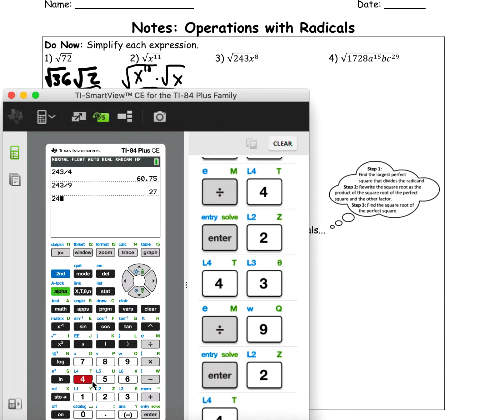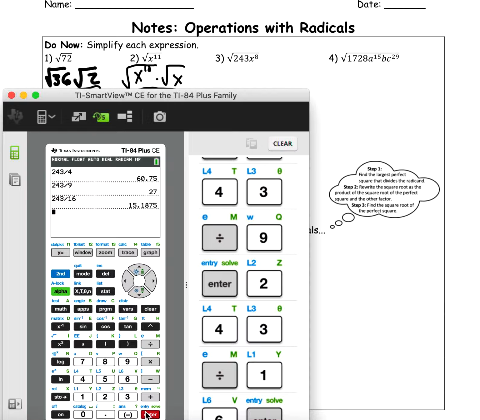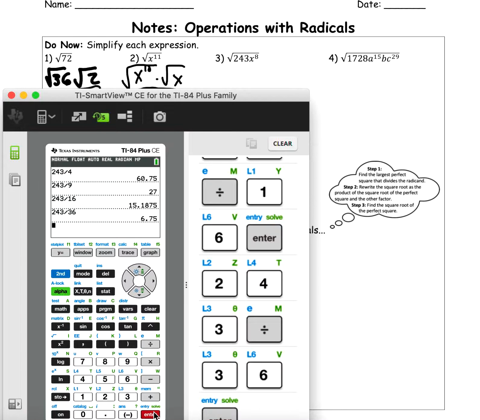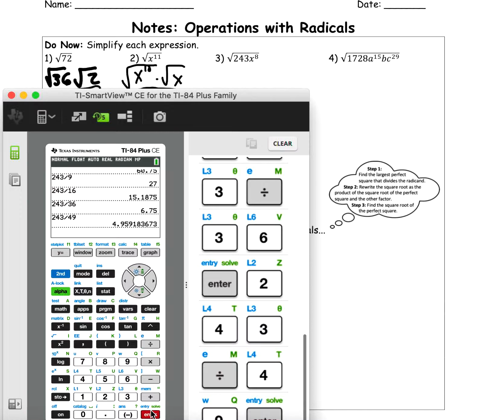So I'm going to do 243 divided by 16. That doesn't work. I'm going to skip 25 because 243 doesn't end with a 5 or a 0. So now I'm going to do 36. Nope. So we have 9 so far, so let's keep that. You can write that down if you want to. 243 divided by 7 times 7, which is 49.